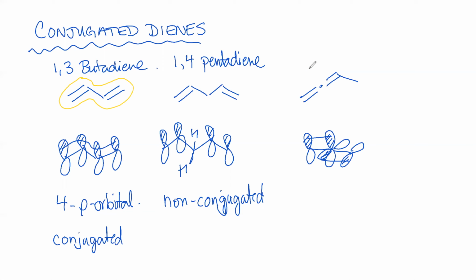The center carbon here would be sp. These are called allenes, and the system here would be an accumulated system.